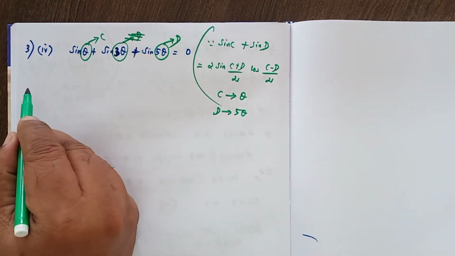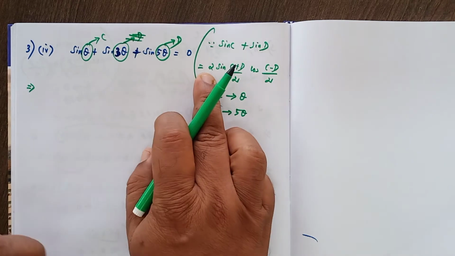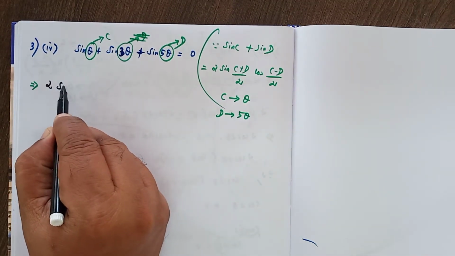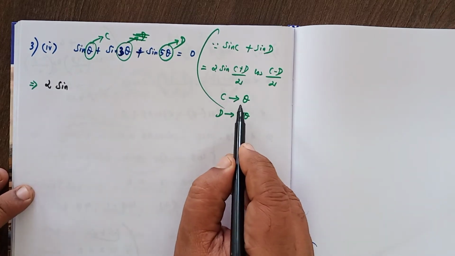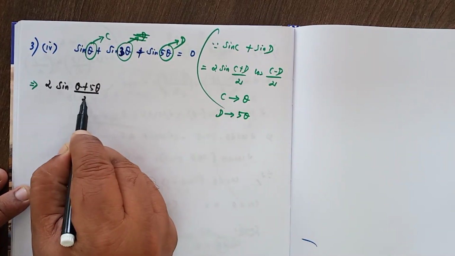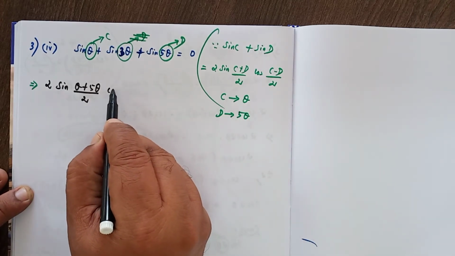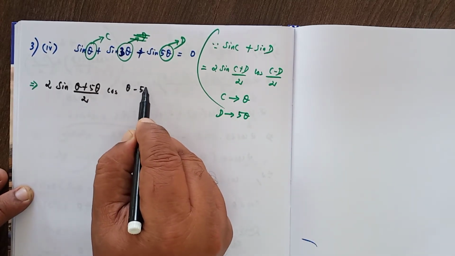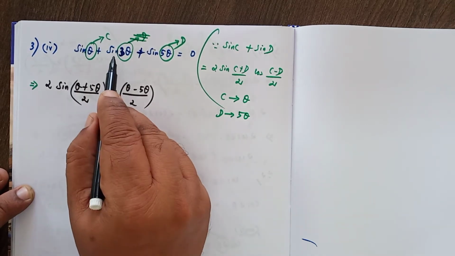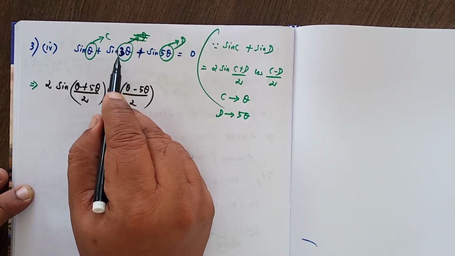Which implies 2 into sin of (C plus D) that is (theta plus 5 theta) divided by 2, into cos of (theta minus 5 theta) divided by 2, plus sin 3 theta.